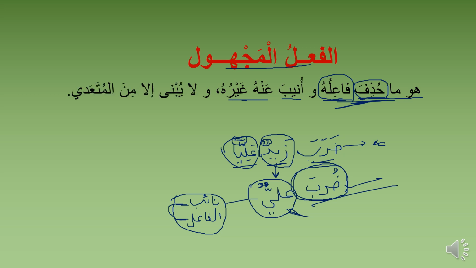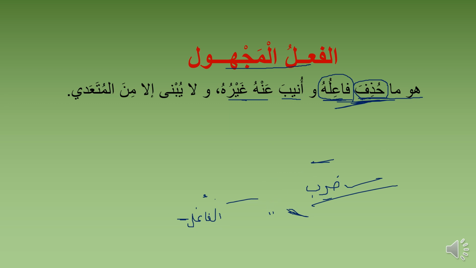So this passive verb, wa la yubna illa min al muta'addi. This is a very important point in fi'l majhul and fi'l ma'lum. La yubna al fi'l al majhul illa min al muta'addi.